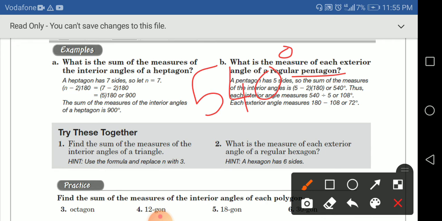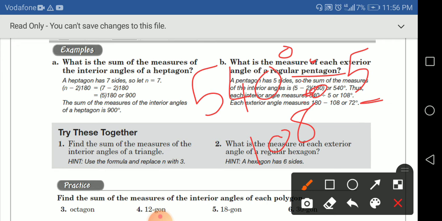This means that all sides of the pentagon and all angles of the pentagon are congruent, equal. So 540 divided by 5, because each side is congruent and I have 5 sides and 5 angles, so each side is equal to the other, and each angle also. So 540 divided by 5 gives you 108. Okay, this is easy.